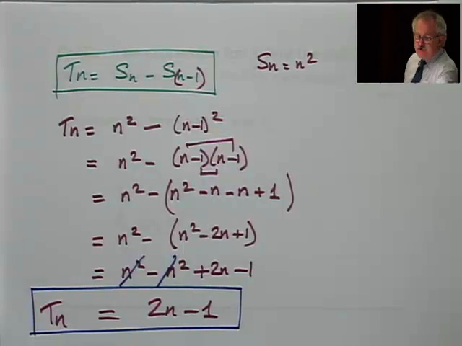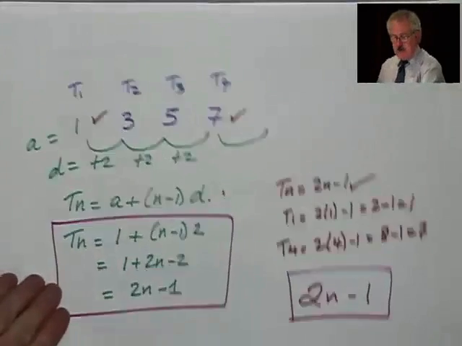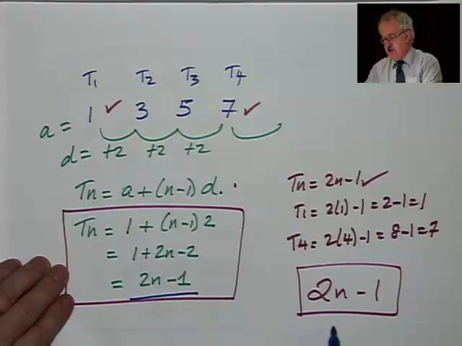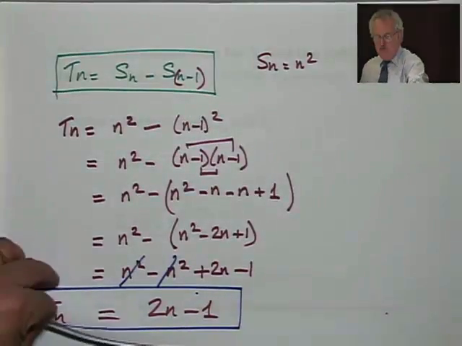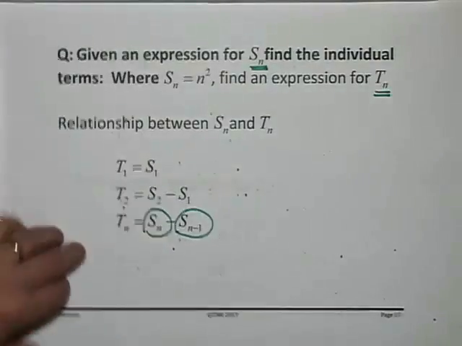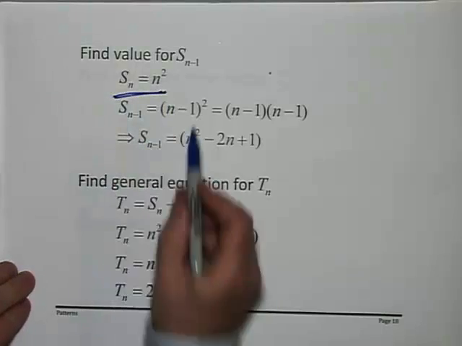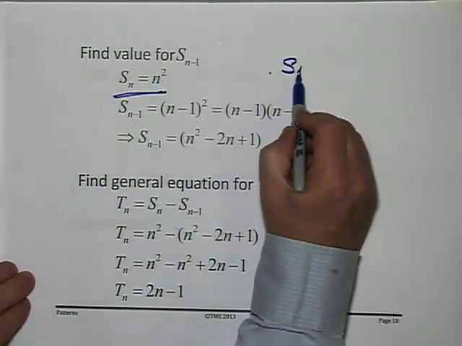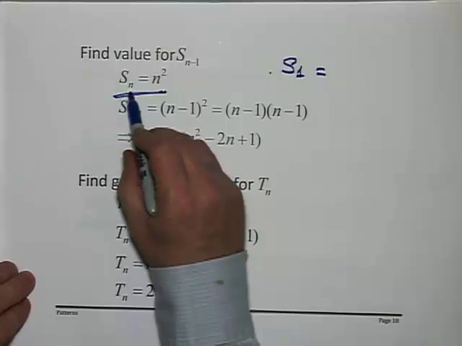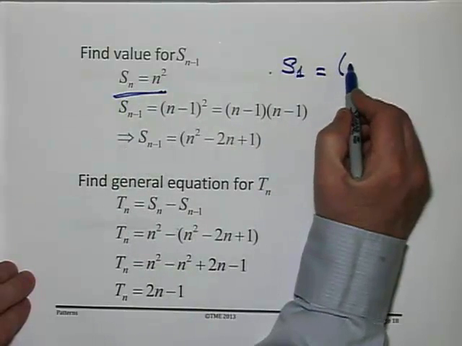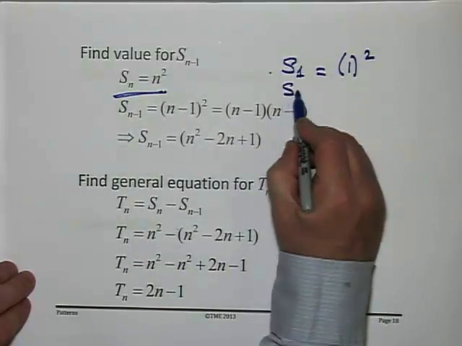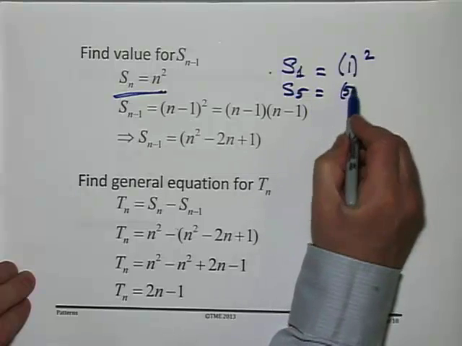And that shouldn't surprise us because when we did it the other way, we got 2n minus 1, 2n minus 1, 2n minus 1. So if you look at the notes there, we took the general term for Sn, and just as we would say when S1 we just take the value of 1 and stick it in everywhere there's n. We say 1 squared. S5 would be 5 squared.